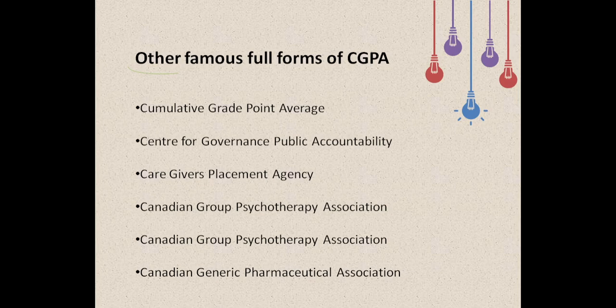You can write these full forms in your book or pause the video and learn. It will help you to crack your GK questions if you get a CGPA full form question.